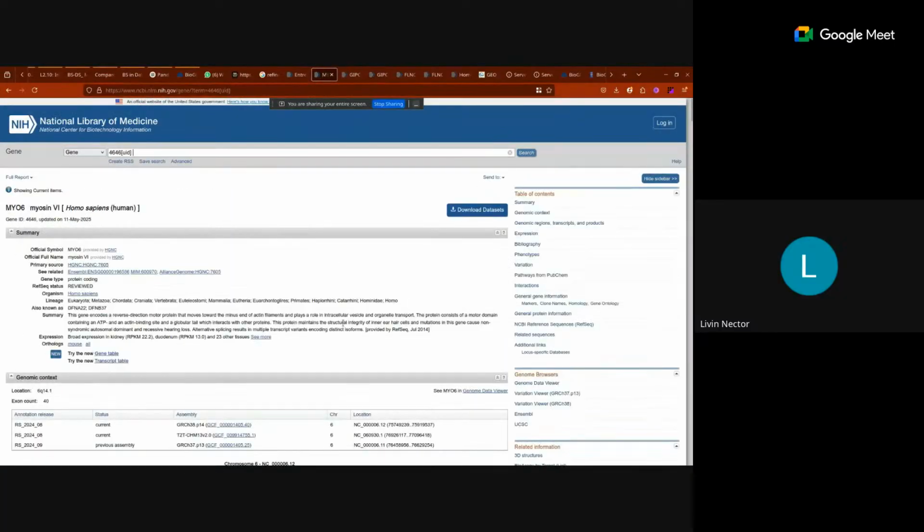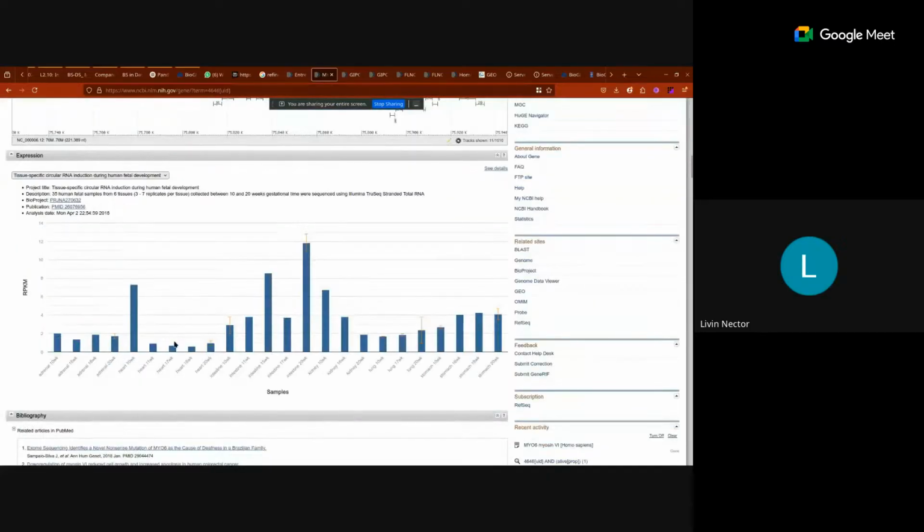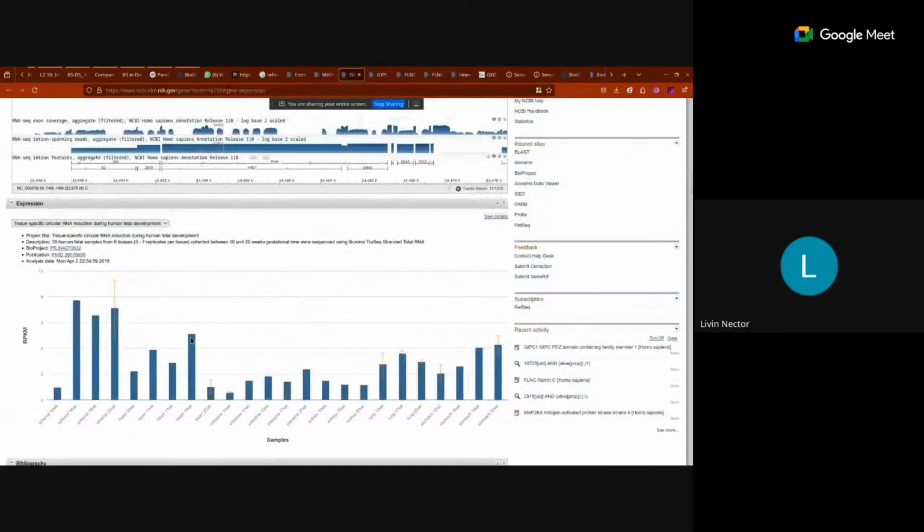So for this gene, you can find the gene expression over here. What we do is find the Pearson correlation between these two gene expressions. So we need to do the scraping to get all the gene expressions that we haven't done yet.